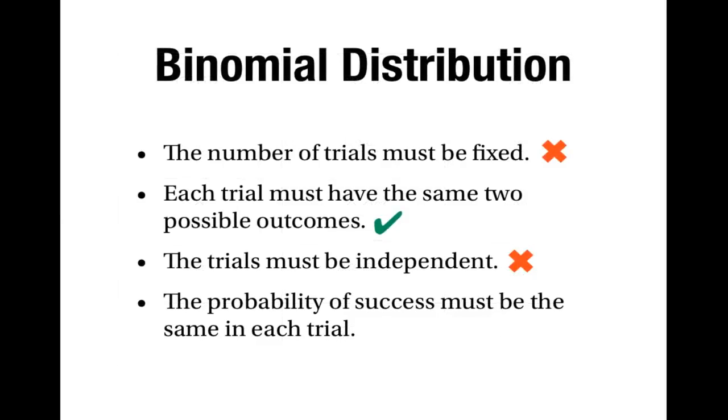So the probability of success is not the same in each trial. This shows that the number of children in a family that are girls does not have the binomial distribution, and you can't work out probabilities in this situation by using the binomial distribution.